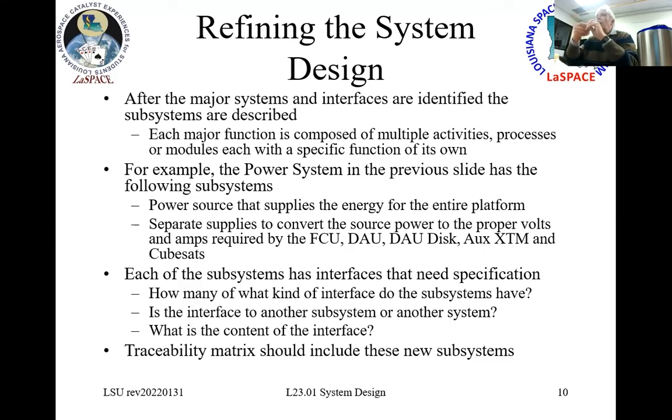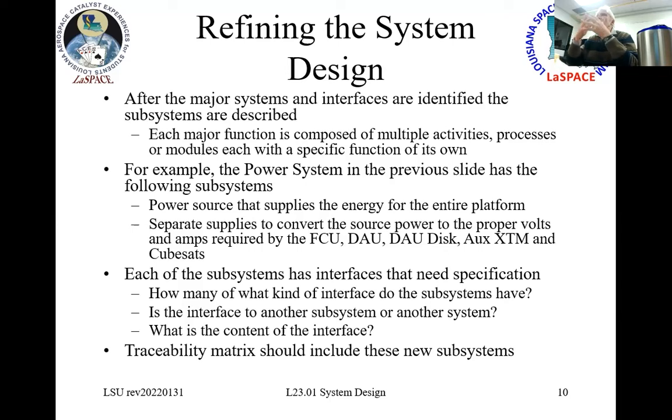And then there are supplies for each of these other units, the FCU, DAU, the DIS, the auxiliary transmitter, and the CubeSats. And then each of these subsystems has an interface that you need to specify.